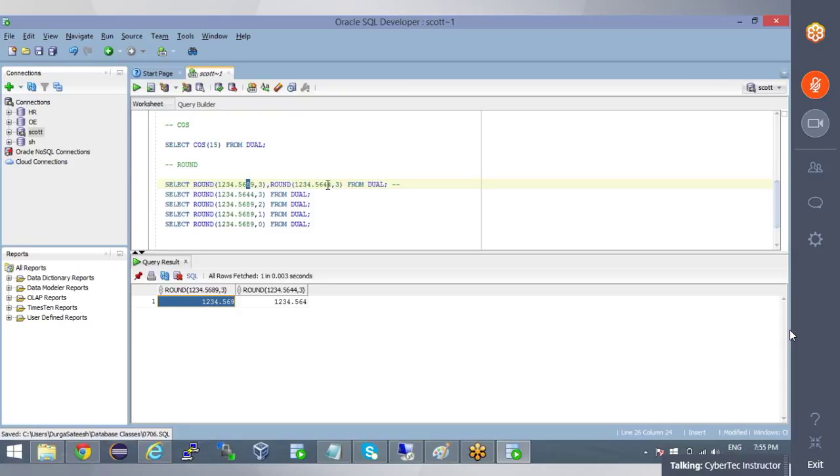But if the fourth position digit is less than 5, then there will not be any action taken on the third digit, and that is why you see the output as 1234.56. Is that understandable? Clear?